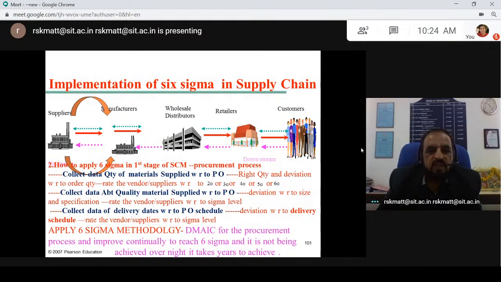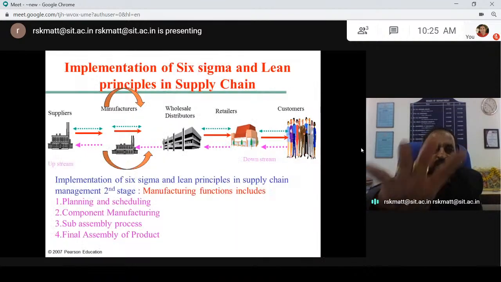Apply this DMAIC philosophy, which has been discussed, for the procurement stage, and continually improve to reach Six Sigma. It is not achieved overnight. Imagine, it takes years together.